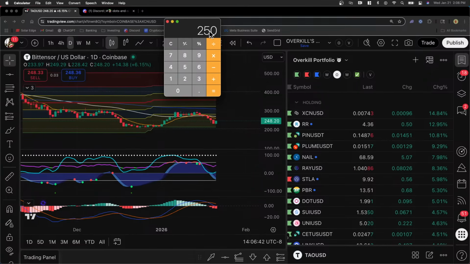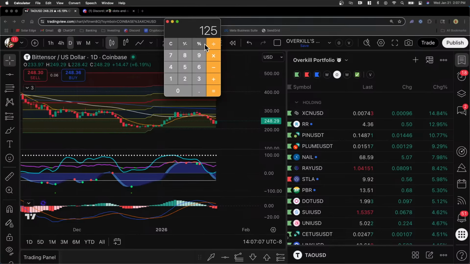So I just invested 250 out of $10,000 in my portfolio. Say it goes down 50%. So I'm going to divide by 2. I lost $125 out of 10,000. Is that going to kill me? No. That's only 1.25% of my total portfolio if I'm wrong by 50%, which isn't very often.